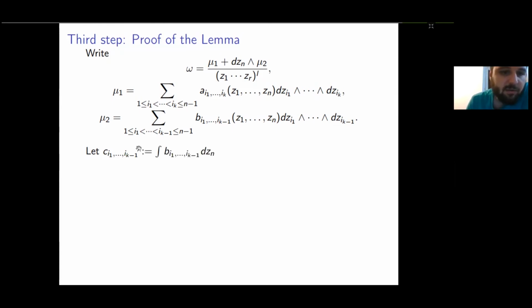So consider now this function C_i1 until ik as a holomorphic function defined as the formal primitive or the formal integral of these holomorphic functions with respect to the last variable, the variable C_n.